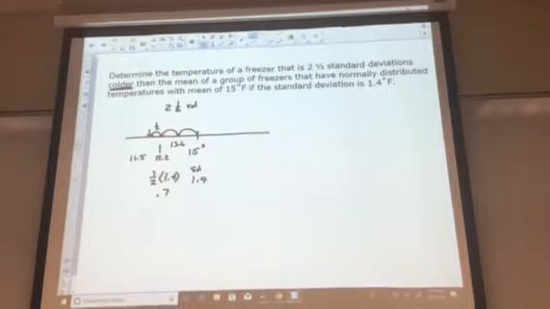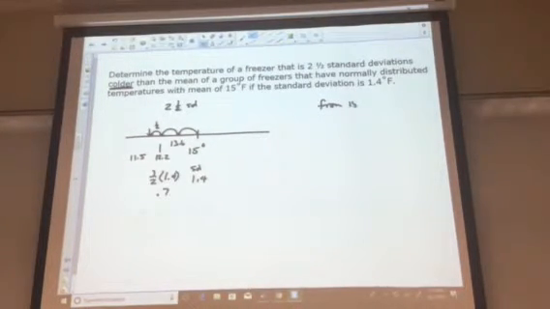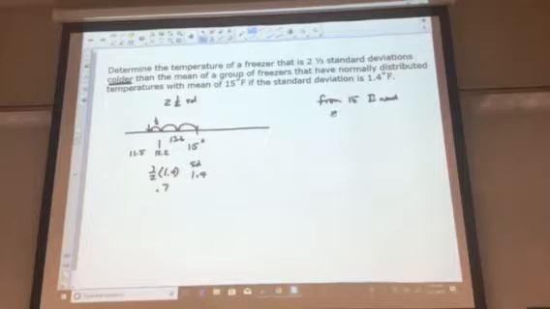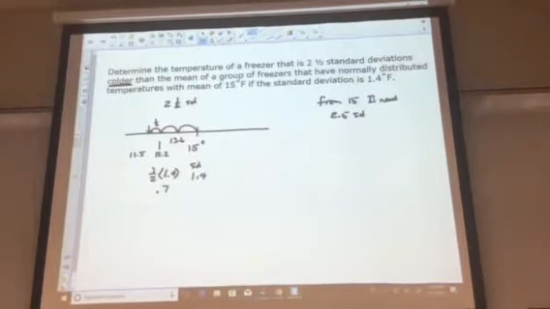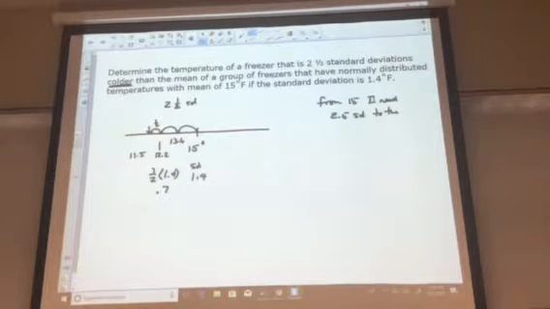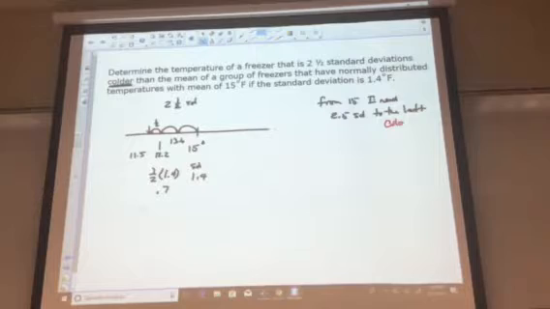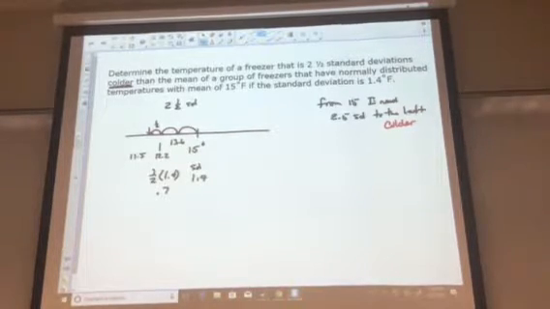Or I come back here and I say, from 15, I need 2.5 standard deviations to the left, because that's the one that's colder.